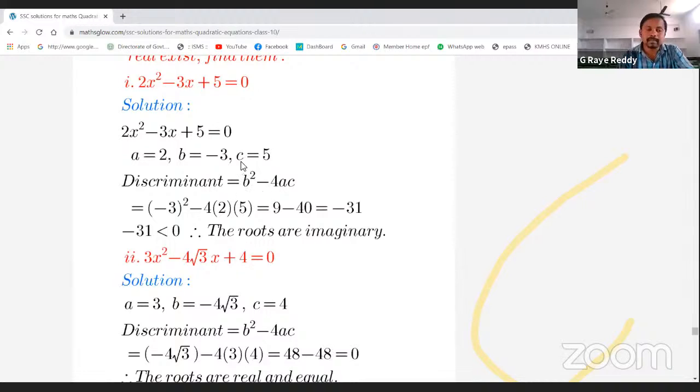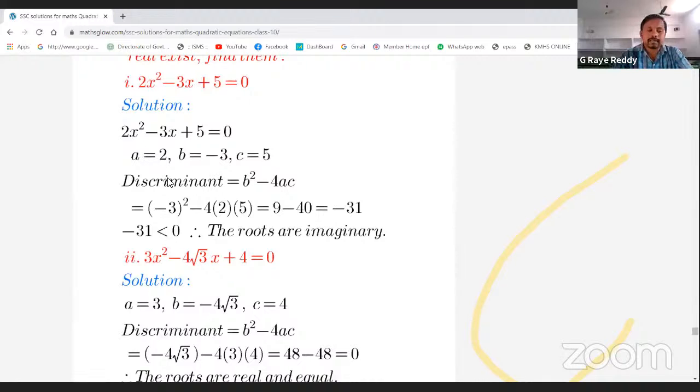Substituting a, b, c values in this formula, we got -31. -31 is a negative value, and a negative value is always less than 0. Therefore, the roots are imaginary. Imaginary means no real roots, so we cannot get real number roots. Real roots do not exist. You can write it like that.